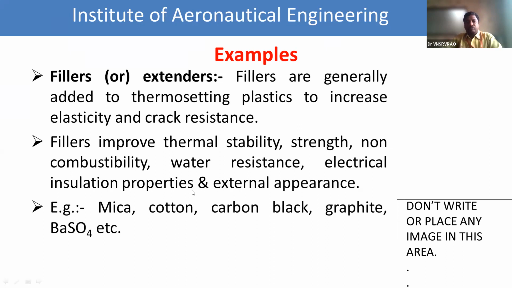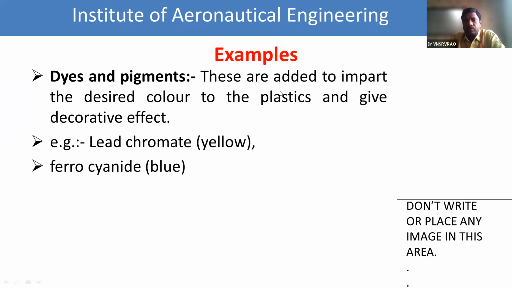The substances added as fillers or extenders are generally mica, cotton, carbon black, graphite, and barium sulfate. BaSO4 means what is the name of this formula? Barium sulfate. By adding these fillers and extenders, the elasticity of thermosetting plastics is improved. Okay?